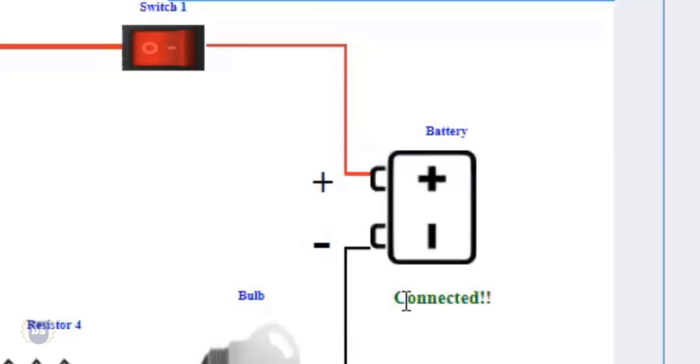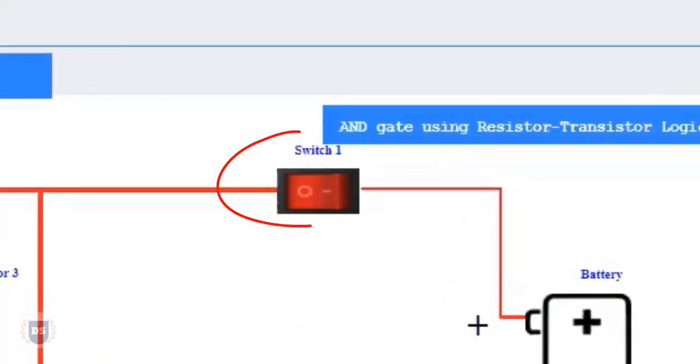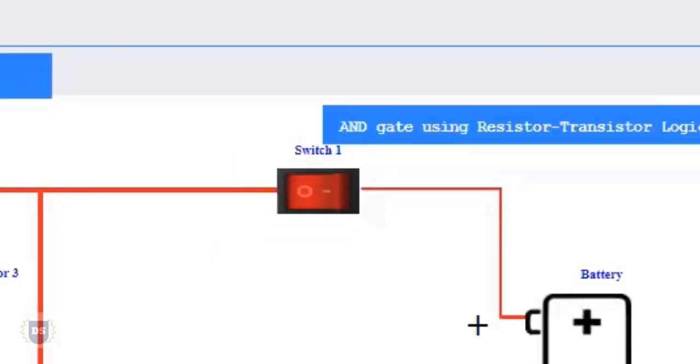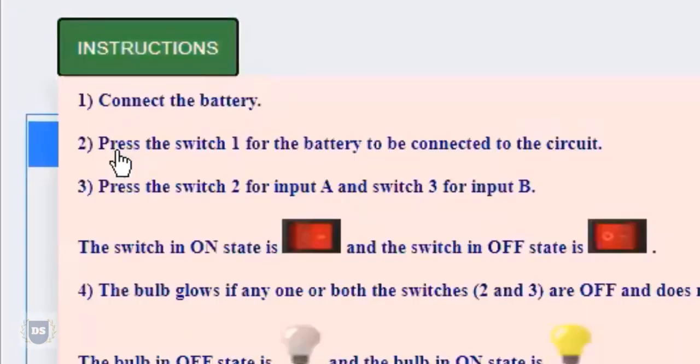But still I cannot expect the current to flow. Why? Because of this switch. And as you can see right now, the switch is in the O position where O represents open. It's not yet closed. So what I'll do is I'll again follow my procedure where the second step says to press switch 1 of the battery to be connected to the circuit.